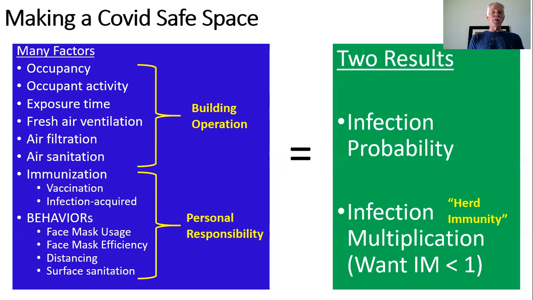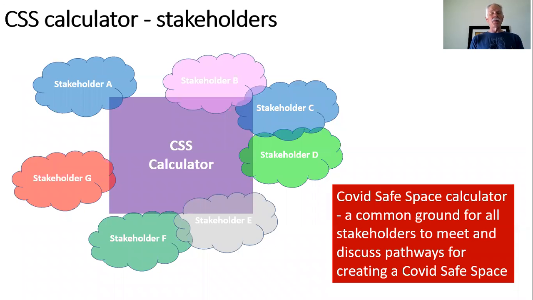And those are our two objectives with creating COVID safe spaces: a low probability of getting the disease, and a transmission limit where an infectious person is no longer able to make more than one person infectious, what's called the herd protection limit. And building operation and personal behavior are both combined in order to create a safe space.